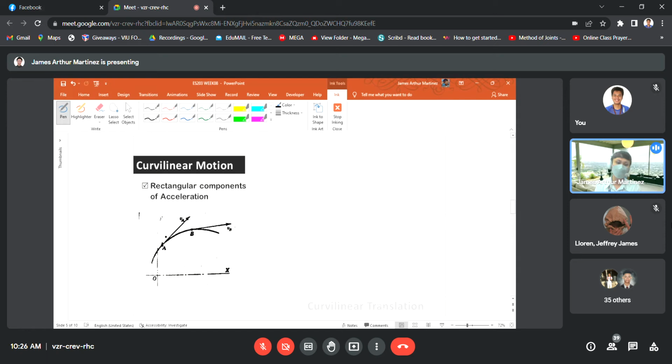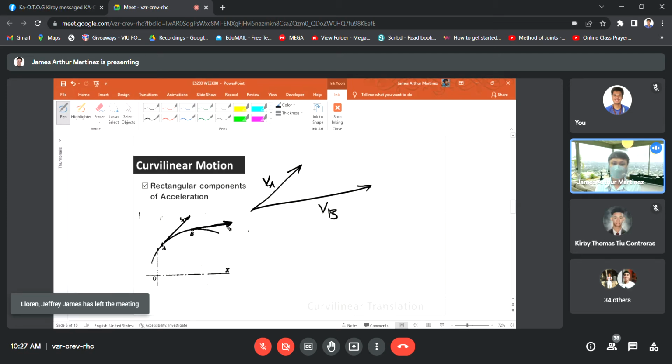So at point A, your velocity is acting in this manner, and for point B, your velocity is acting in this manner. So if we draw the force polygon, you'll have this diagram, for VA, or velocity at point A, and your velocity at point B.